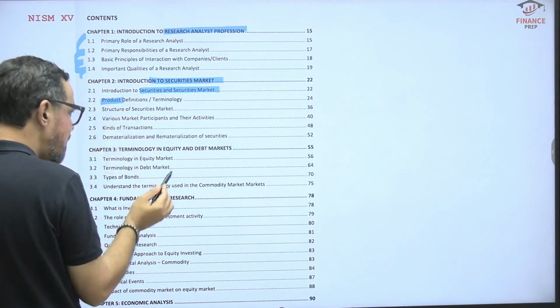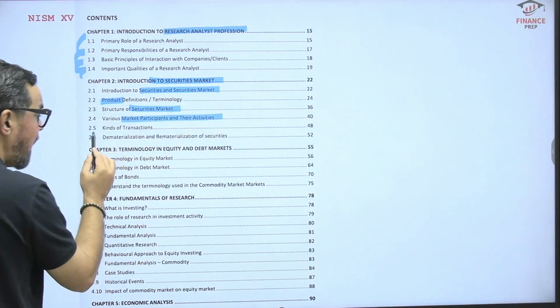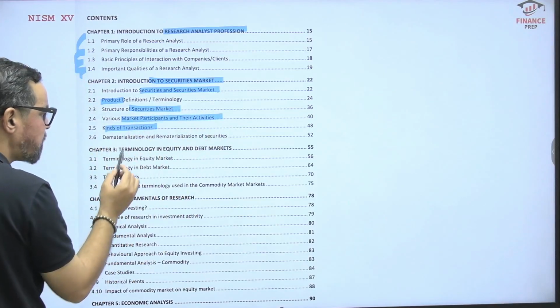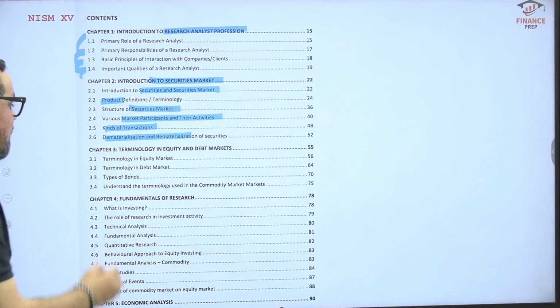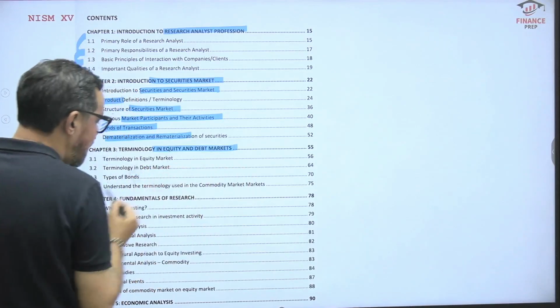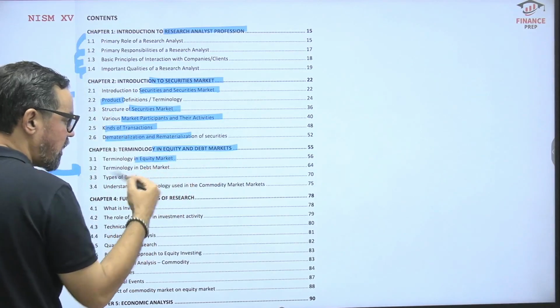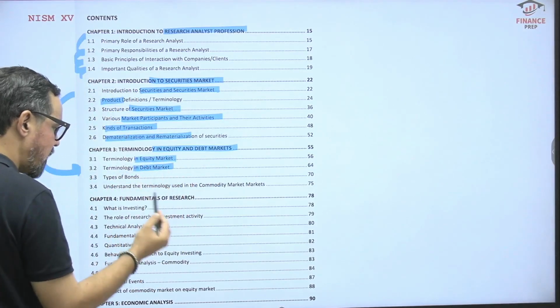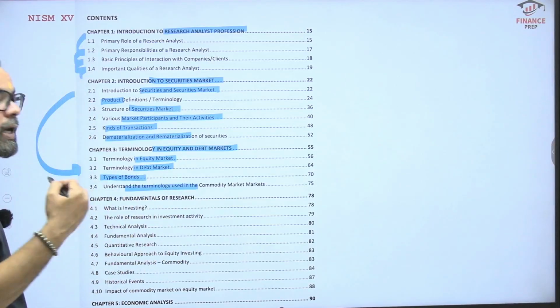Products and their definitions, structure of the securities market, various participants, and different types of transactions, demat and rematerialization of securities itself. Then terminology related to equity and debt. This is linked to this particular one only, right? Equity market, your stock market, debt market, bond market, different types of bonds, and understanding the terminologies in the commodity market itself.